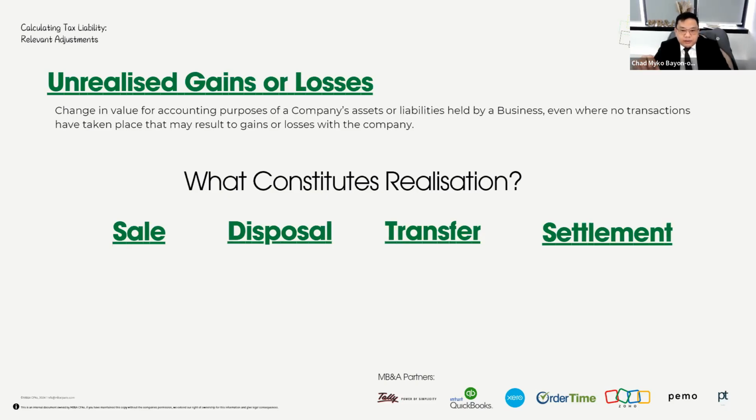So you will be doing adjustments on your investment property, increasing its value, and the subsequent entry will be a gain on the fair value adjustment of your investment property.